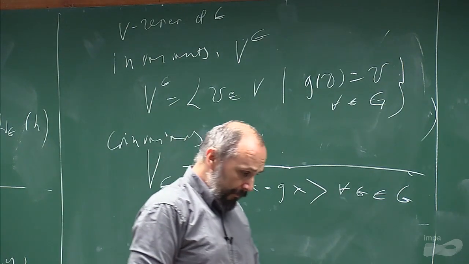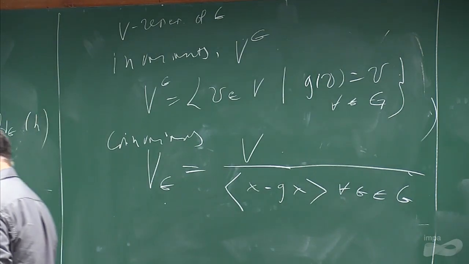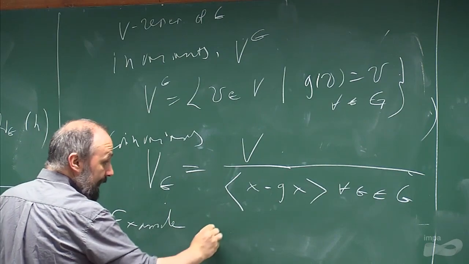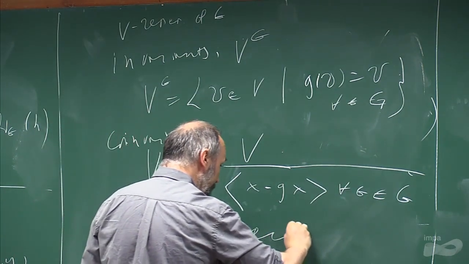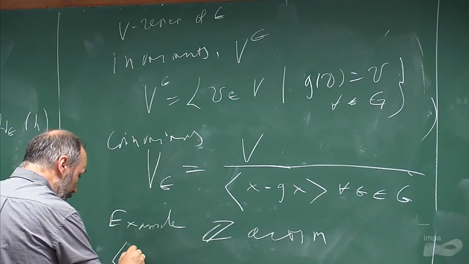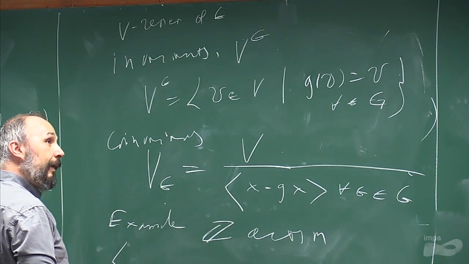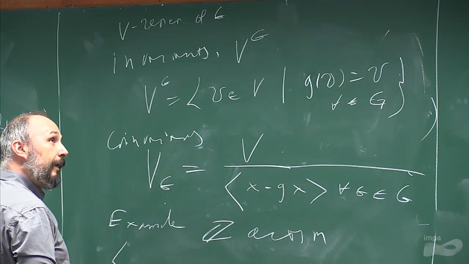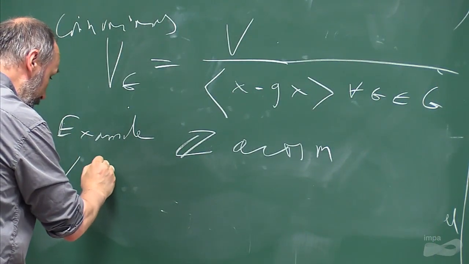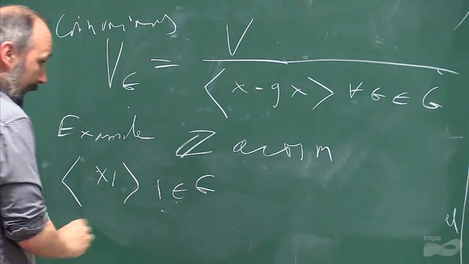These are different functors. For instance, let me give you an example when they're really, really different. Z acts, but now on an infinite dimensional space, on a vector space generated by all x_i where i is inside Z, and it acts by shift.